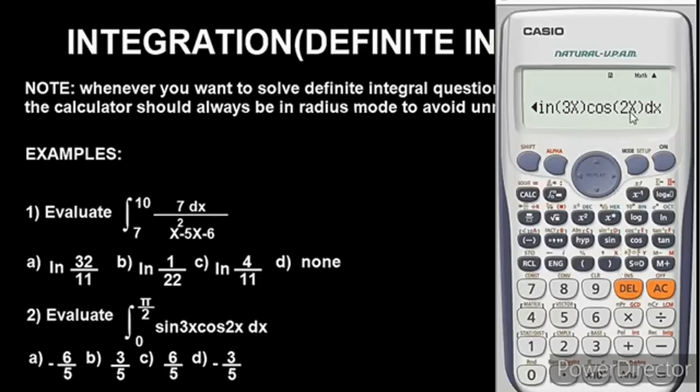This is exactly what we have here as the question. So let's press equals and see what we get as an answer. 3/5. So the right option here is option B, 3/5. Very, very simple. It's as easy as that. So guys, this is basically how you can use the Casio calculator to solve definite integration.